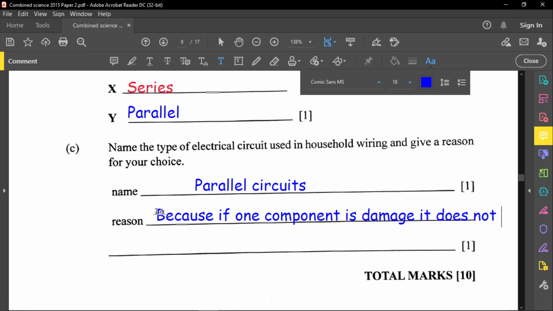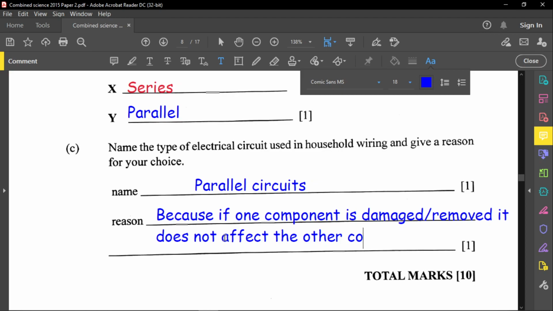So if you take out the light bulb, for example, it does not affect the other components. It would be sad if your bedroom bulb is blown and then there's no light in the kitchen, no light in the hallway, everything stopped working. That would be a sad case, isn't it? So yes, it does not affect the other components at all.